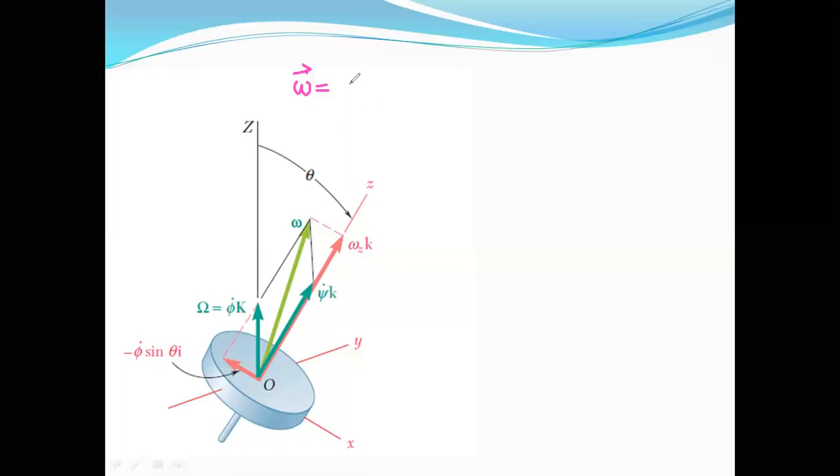From the previous equations, it was coming out equal to minus phi dot sine theta I cap plus theta dot j cap plus psi dot plus phi dot cos theta k cap. This is what we had derived previously.